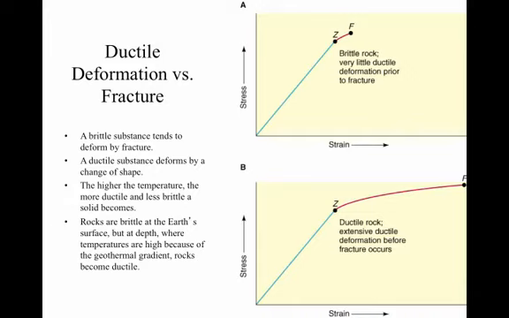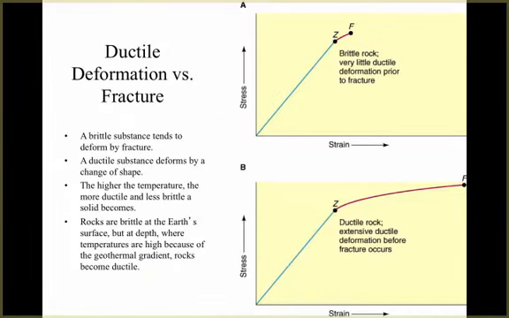Brittle substances tend to deform by fracture, and ductile substances deform by changing their shape. And the higher the temperature, the more ductile and less brittle a solid becomes. Rocks are brittle at the Earth's surface, but at depth where temperatures are higher because of the geothermal gradient, rocks become ductile.